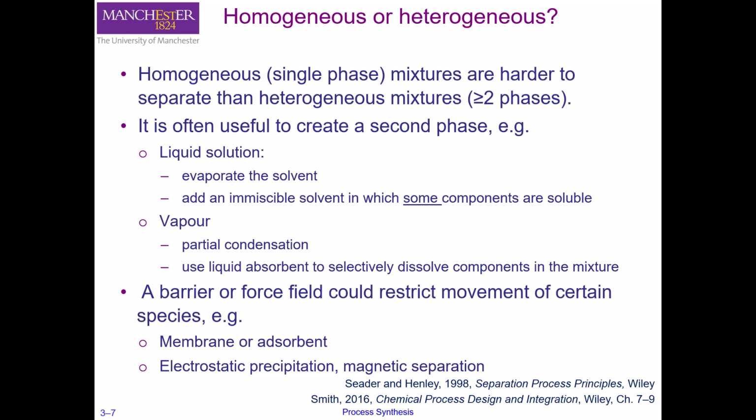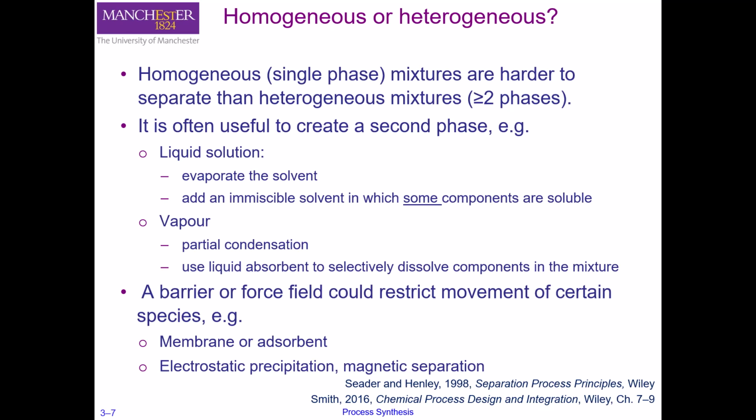We can also have separation by, for example, removing the vapor. If you have a vapor mixture, we can perform a partial condensation, so some part will be in vapor, but the other part will be in liquid phase.